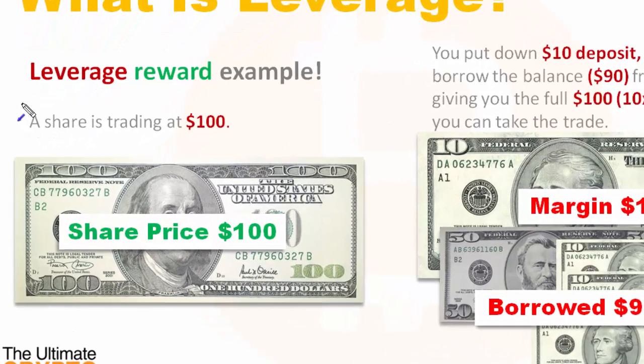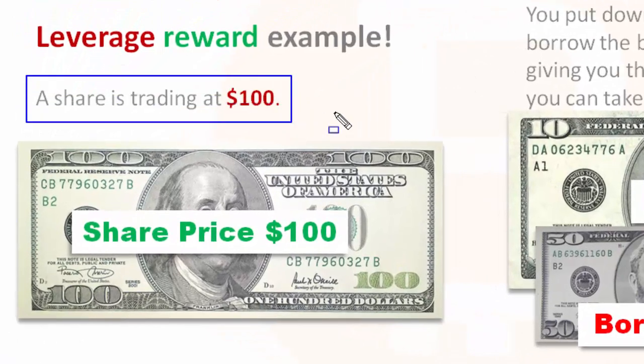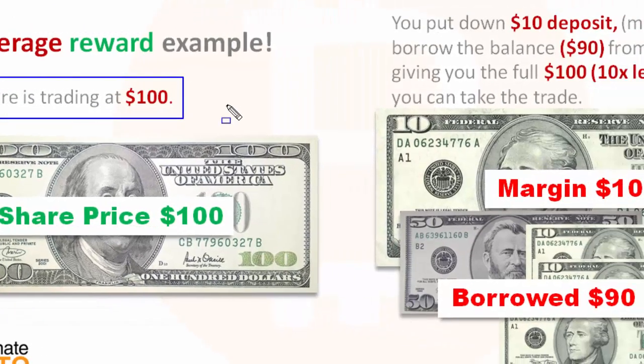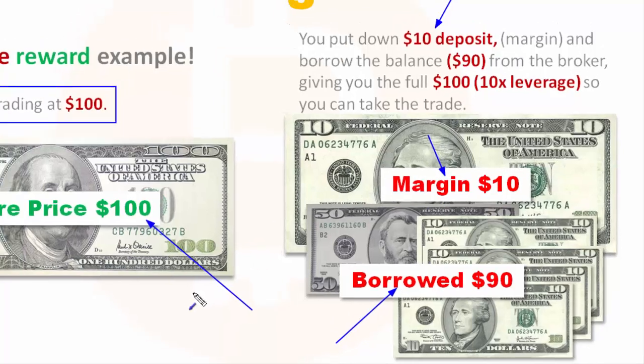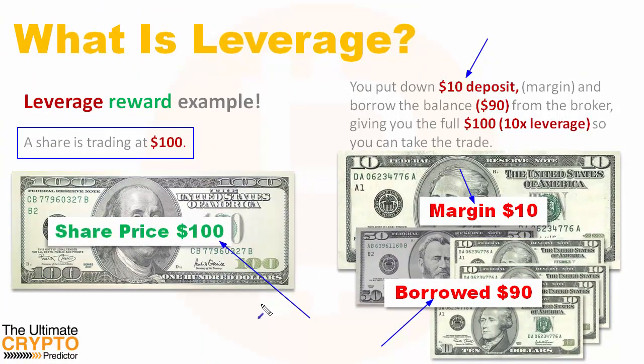If a share is trading at $100 and you put down $10 as a deposit, this means that in order to do the trade, you're going to have to borrow from the exchange $90. With your $10, that gives you the $100 so that you can buy the share or trade the share, not necessarily buy it, but trade it.